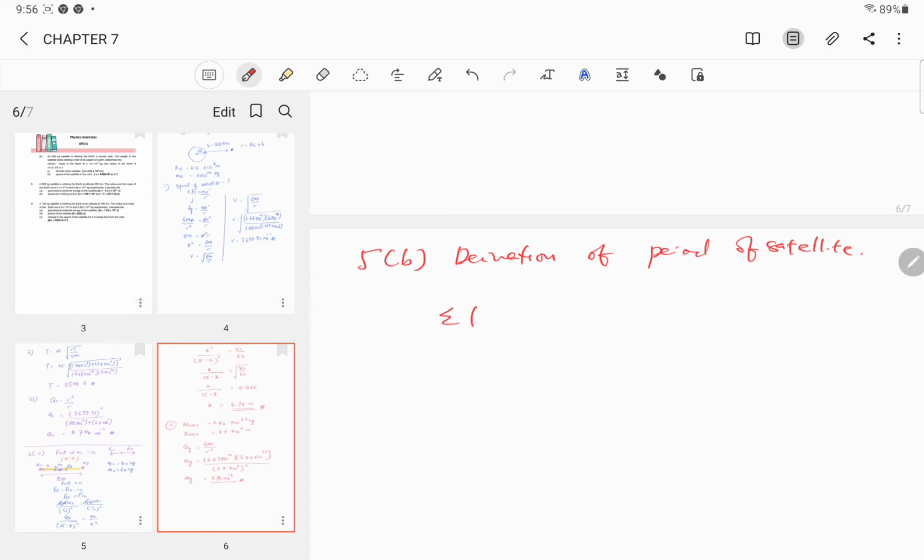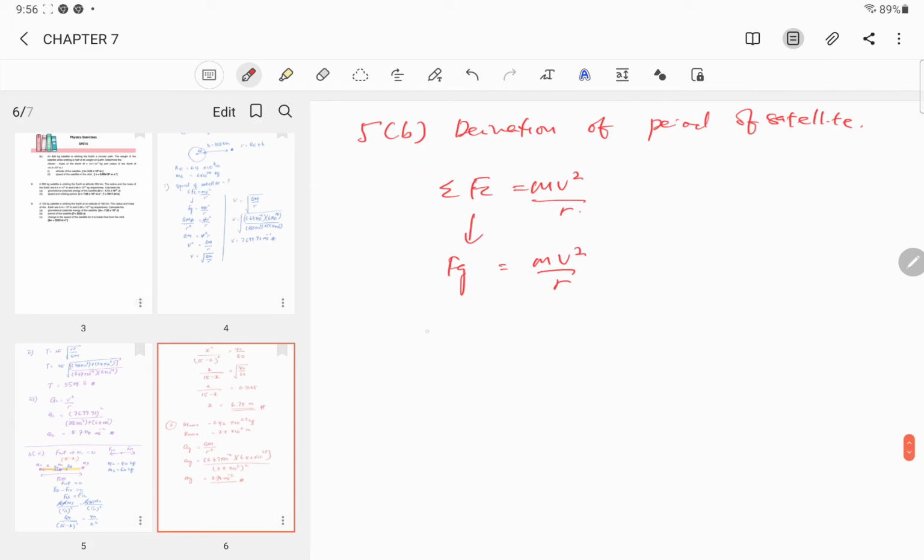Kita ingat daripada summation FC equal to mv squared over r. So the only force acting toward the center of the circle is Fg. So we have G m1 m2 over r squared equal to m2 v squared over r. So m2 ni is satellite lah, m1 tu is a planet.